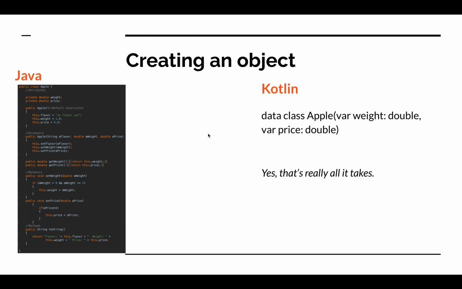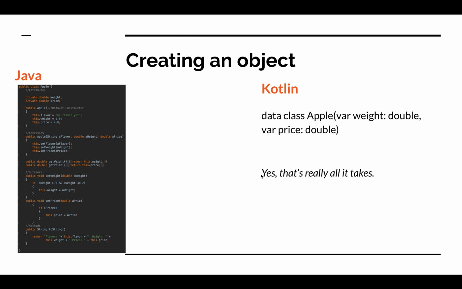Now in Kotlin, it takes all that weight off your shoulders and does all that work for you. So when using Kotlin, if you're trying to create a new object, you use that data class that we were talking about in the last slide. So in the same vein, you just type data class Apple, you have a variable for weight of type double, and you have a variable price of type double.